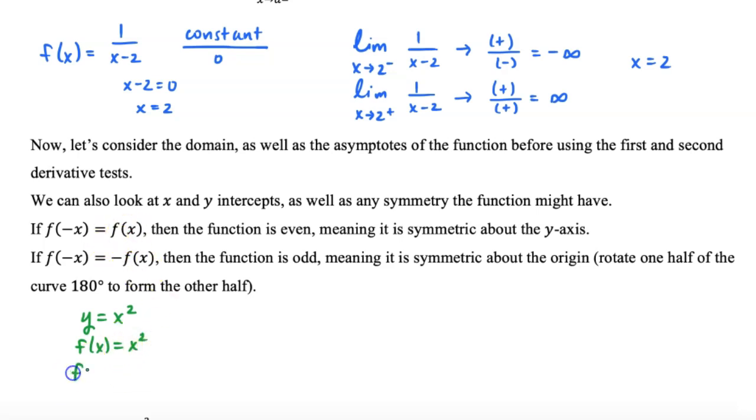If I plug in a negative x for x, this is going to be a negative x squared, which is just x squared. That negative is going to be squared, making this a positive. You see how f of x, which is x squared, is equal to f of negative x? Well, that means that this is an even function, and it's symmetric about the y-axis.